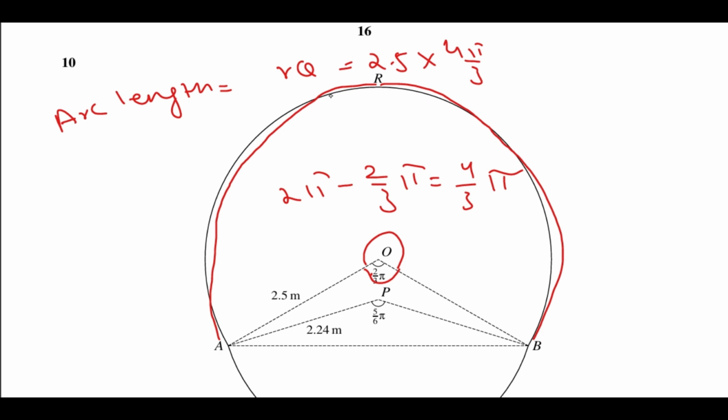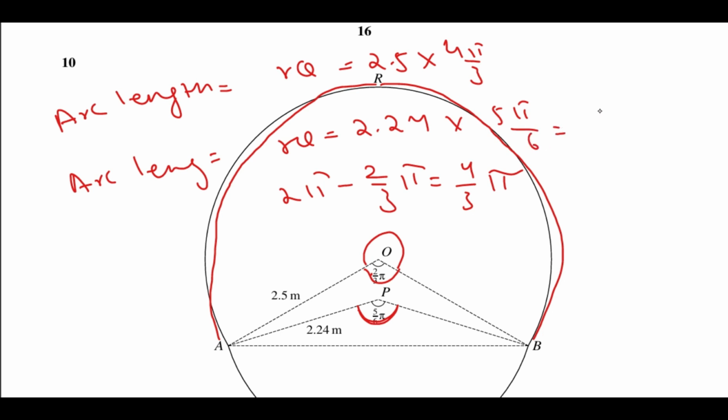So this is our length, and for finding the perimeter we should know the second arc length RASB. Here the angle is 5 pi by 6. So the second arc length will be equal to r theta. Here the radius is 2.24 meter multiplied by the angle 5 pi by 6, and we will get from here 28 over 15 pi, and from here we will get 10 pi by 3.